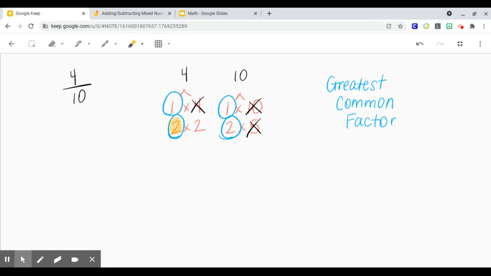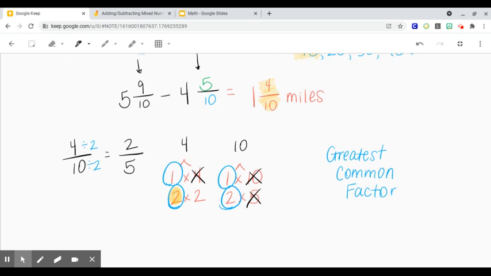Now that I know the greatest common factor, I'm going to divide the numerator and the denominator by the GCF. In this case it is 2. This is just simple 3rd grade division. 4 divided by 2 is 2. 10 divided by 2 is 5.